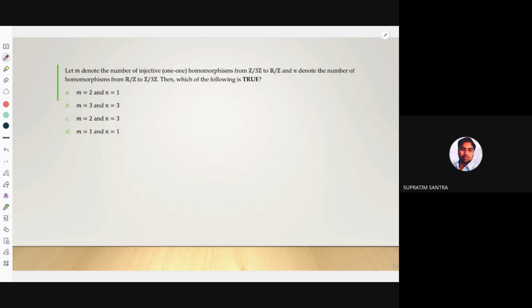Interesting. So now let F from R mod Z to Z3 be an injective group homomorphism. So what's something about R mod Z which we know, the group R mod Z?